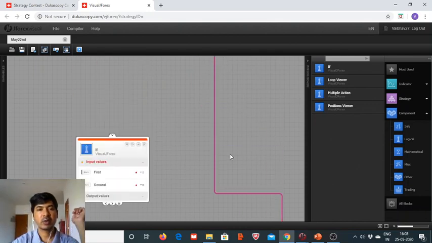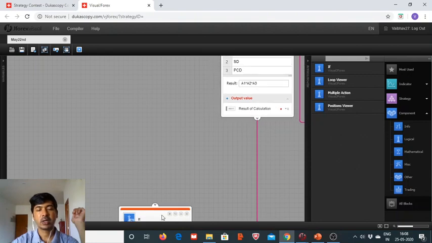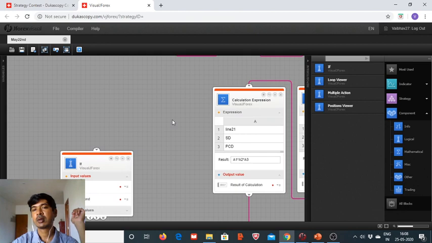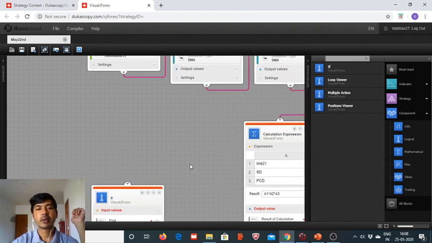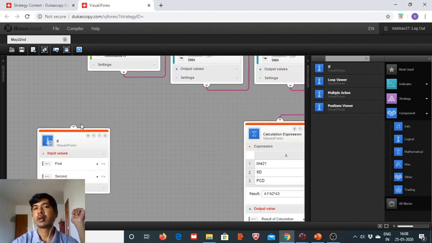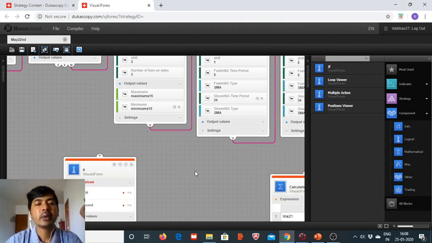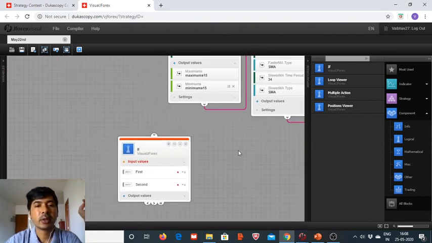So first thing first, we take into account the minimum and maximum level, then the hours, and then we will compare it to the other parameters.